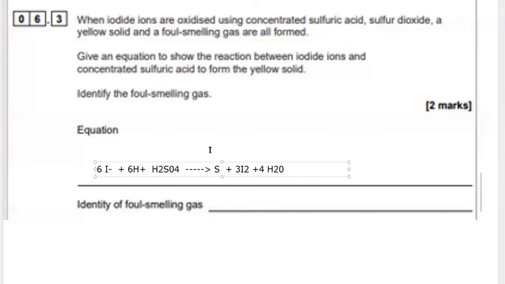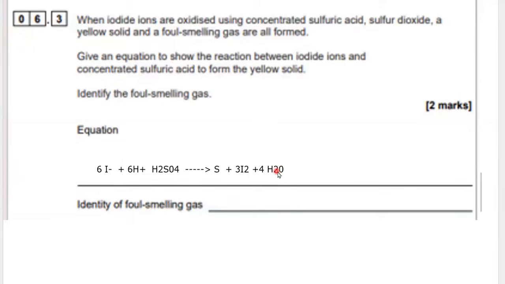Okay, let me talk you through this equation. So we've got 6 iodide ions, and we've got the sulfuric acid. So this forms sulfur from the sulfuric acid, and we form iodine from the iodide ions.